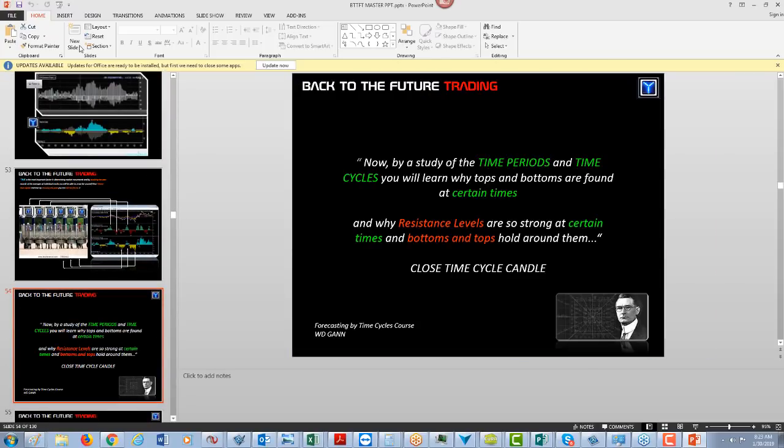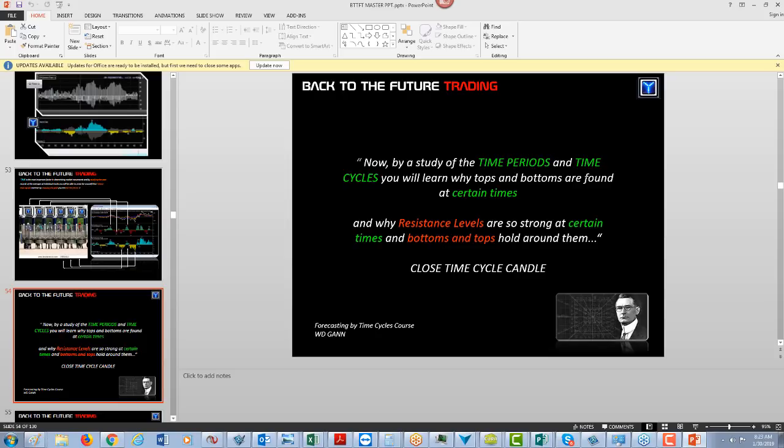So he says, by a study of the time periods and time cycles, you will learn why tops and bottoms are found at certain times, and why resistance levels are so strong at the certain times, and bottoms and tops hold around the resistance levels of the time cycles.